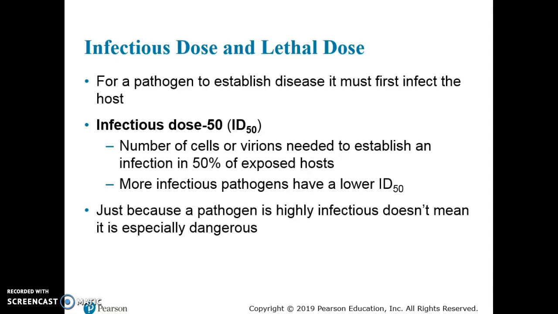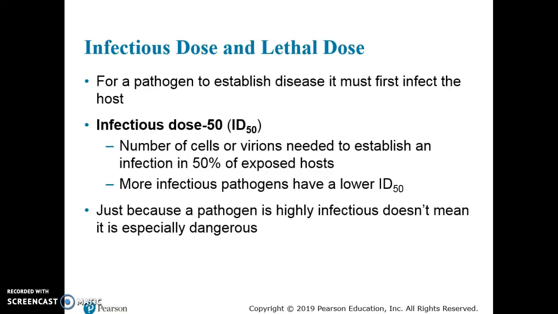This is the number of cells, or virions for a virus, needed to establish an infection in 50% of those who are exposed. So if you had 10 people in a room, and you somehow, this of course is all illegal, gave each of them a pathogen, how much would you have to give all 10 of those people in order for 5 of them to be sick?